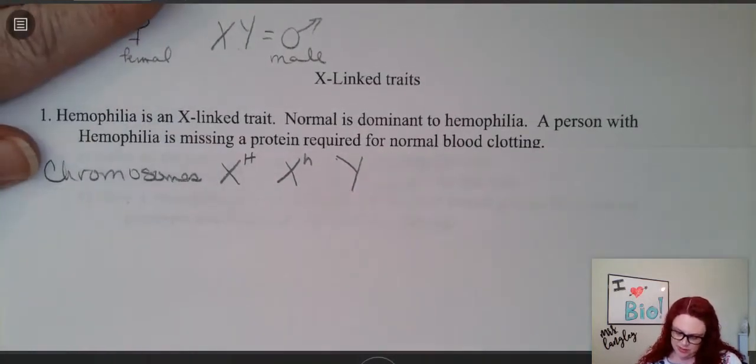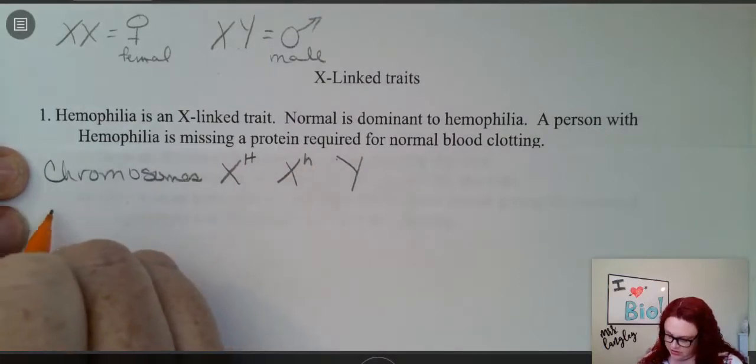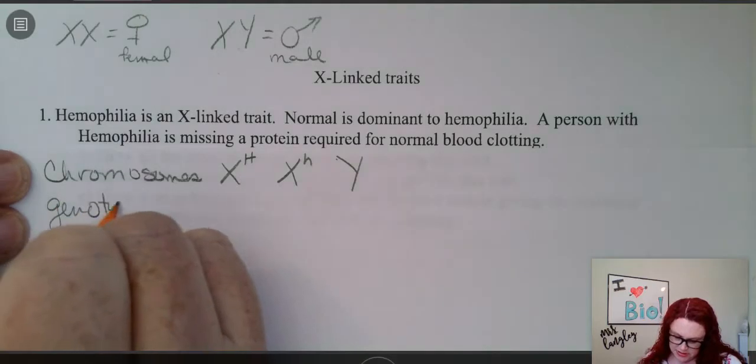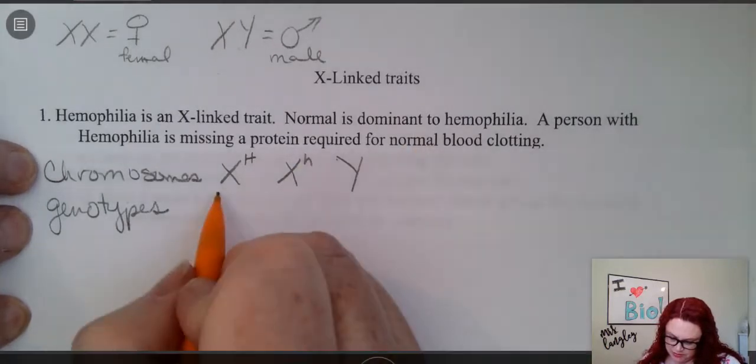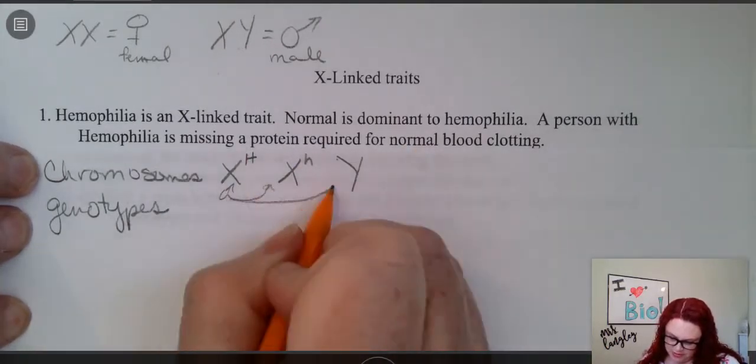Okay, so now that I have my chromosomes, I can look at my different genotypes. And for that, we're just going to distribute. I can put this with itself, with this, or with this.